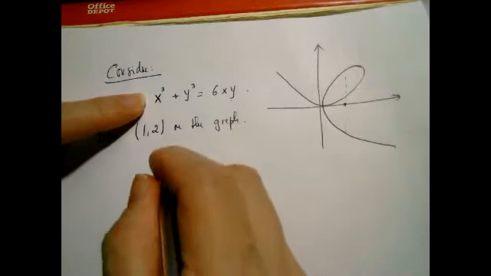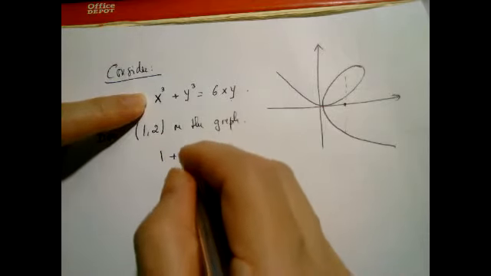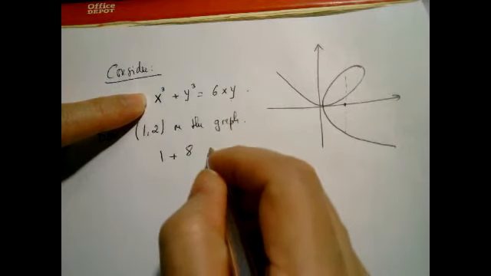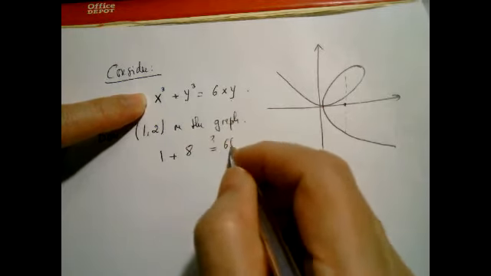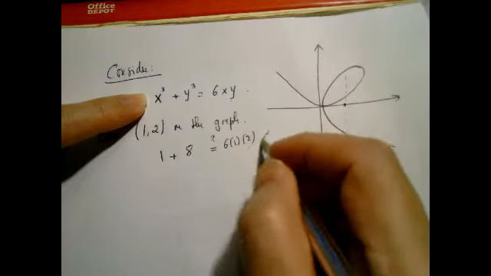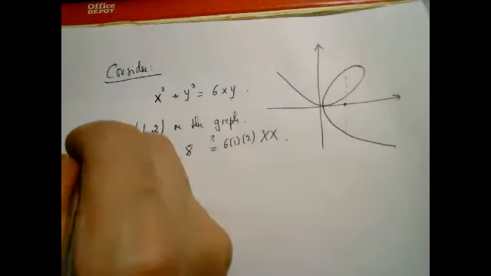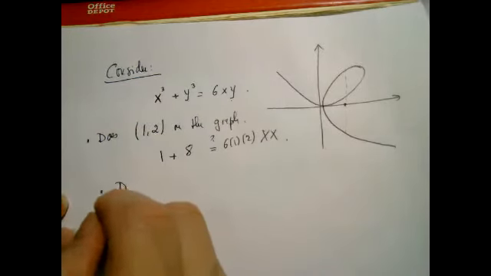If I plug in 1 here, plus 2 to the power 3, which is 8. And the question is, is this equal to 6 times 1 times 2? Definitely not. So the point is not on the graph. So finding even 1 point on the graph is hard.